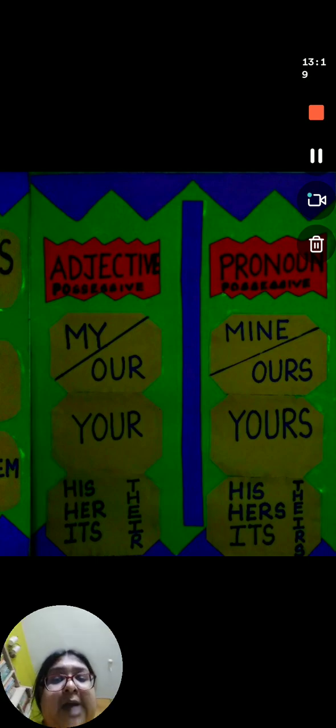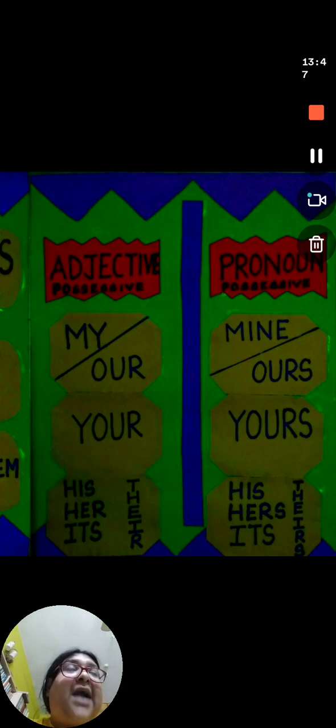So let's understand the position of the adjective and the pronoun. The position of the adjective will be beside the noun, especially before the noun: red bag, my bag. And the position of the pronoun would be at the end of the sentence.